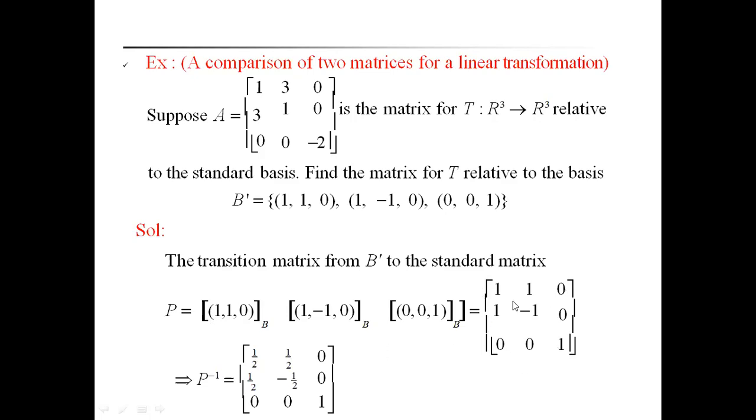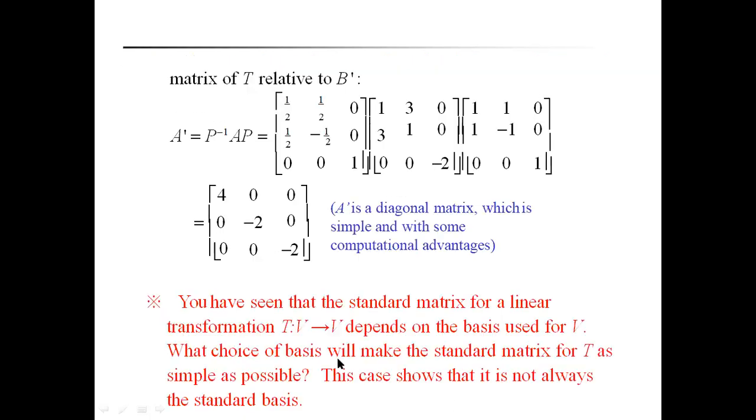P inverse. From this, the P matrix is known. By the properties of matrices, to find the P inverse, first find the det of P and the adjoint of P, then P inverse is adjoint of P by det P. Now you can use the transition formulas. Matrix of T relative to B dash is A dash, which is equal to P inverse into AP.